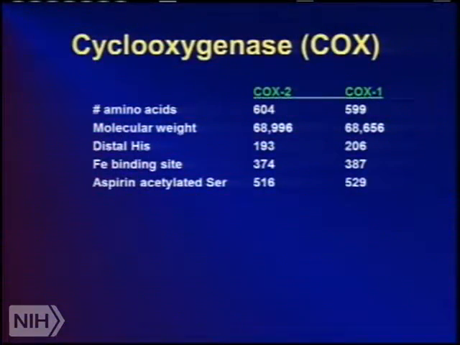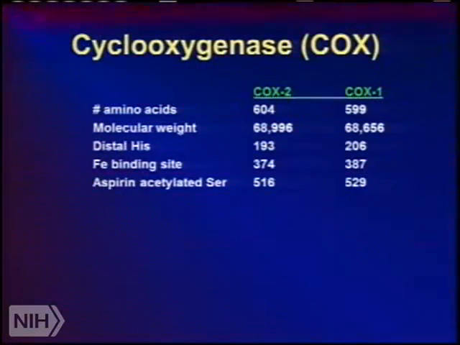Cyclooxygenase 2, as well as cyclooxygenase 1, both have about 600 amino acids. There's an iron binding site in each of them, and this iron can interact with nitric oxide. There's a heme group in both cyclooxygenases.